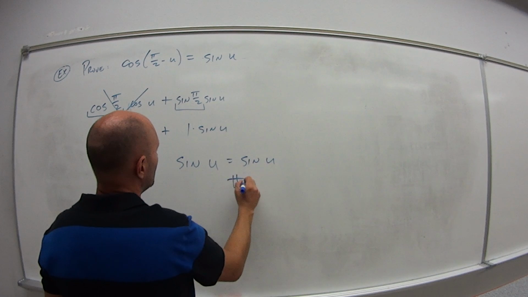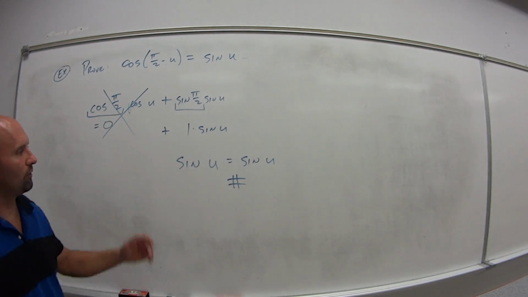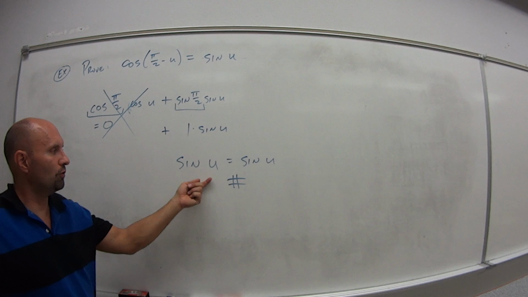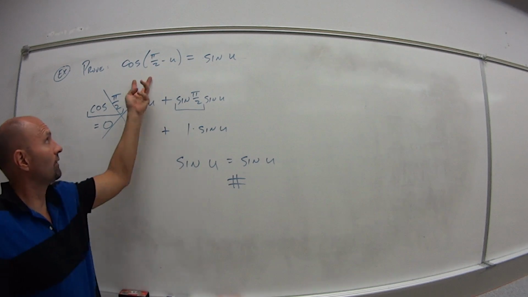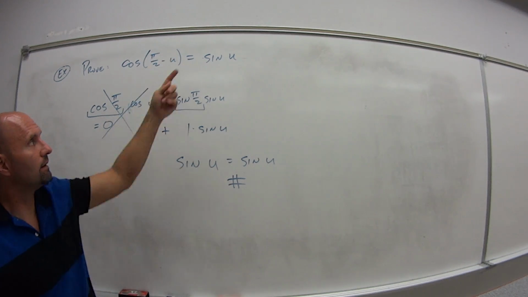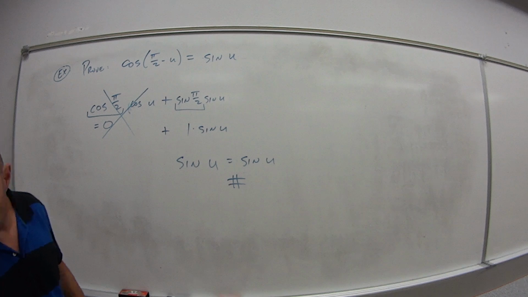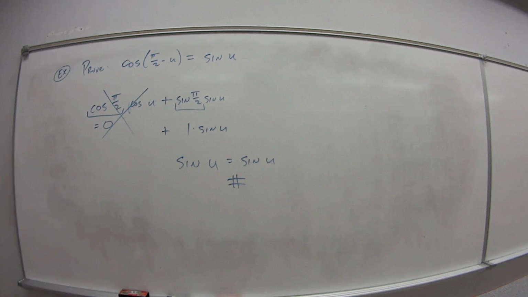So really in a matter of about 1 or 2 steps, we've proved that the left side, the co-function identity, is just equal to sine of u. So that is it for video 1 for section 7.2. Come on back and we will finish off section 7.2.